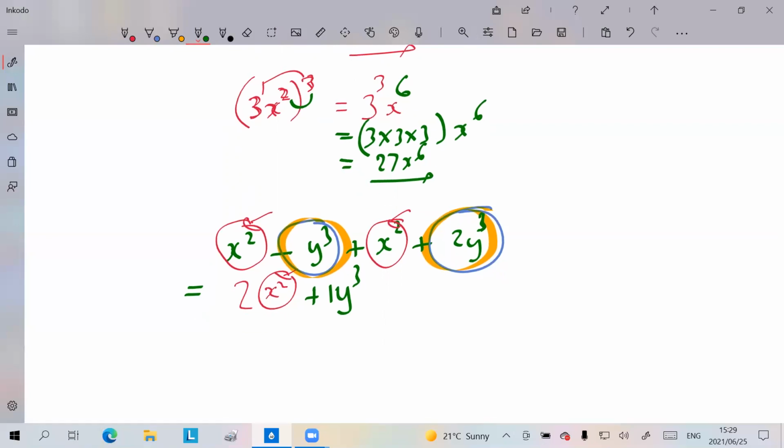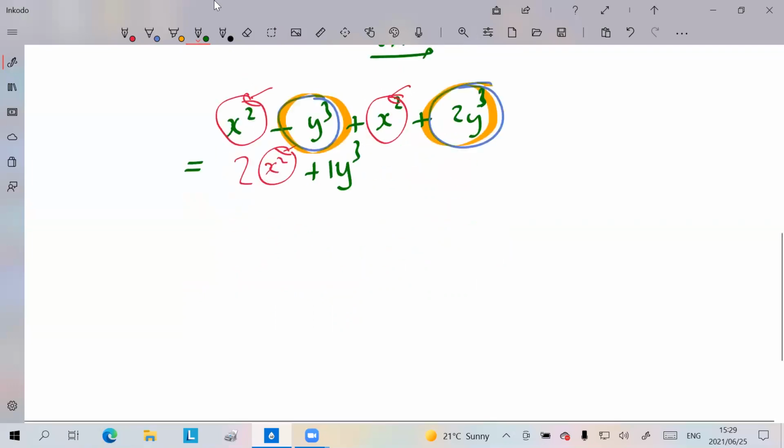Okay. All right, so now the next type of question that you need to be able to solve is in this worksheet, binomial. Okay, let's take another example of it.